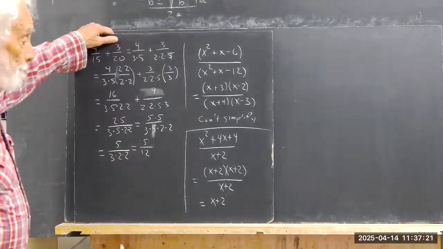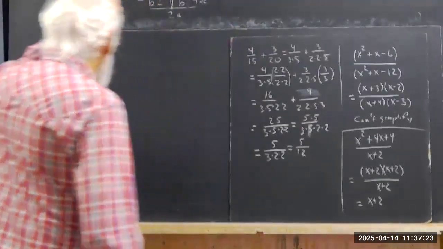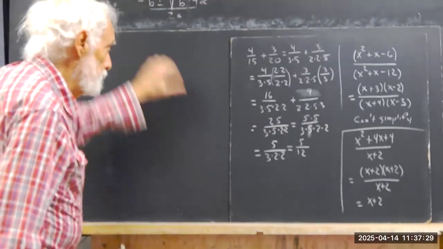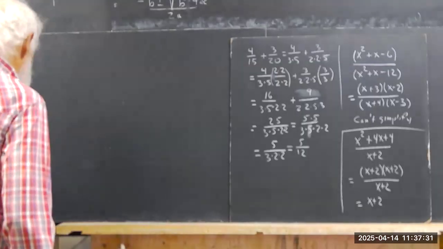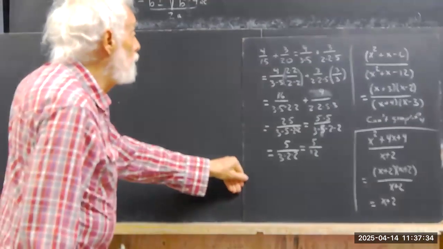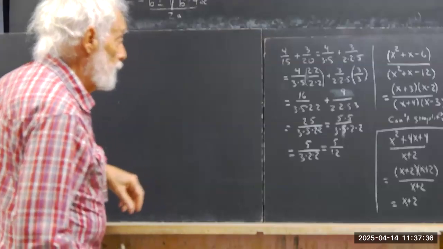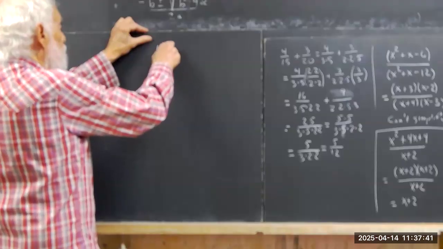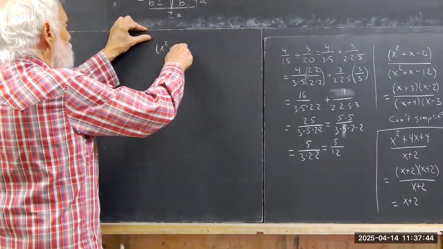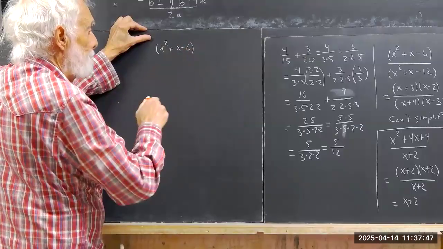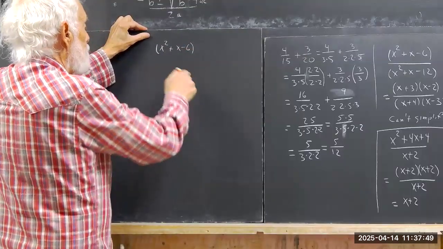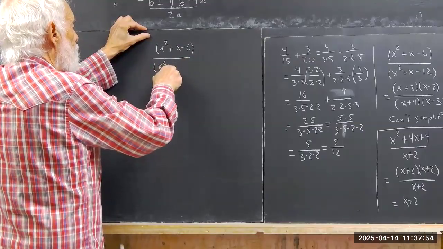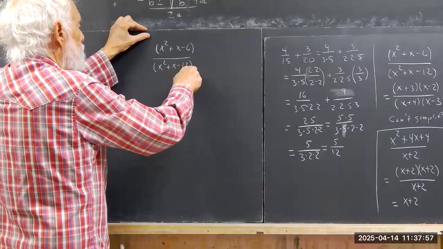Now we're going to do that. Add two fractions. Okay, I'm going to take the first fraction we started with, x squared plus x minus 6 over x squared plus x minus 12.